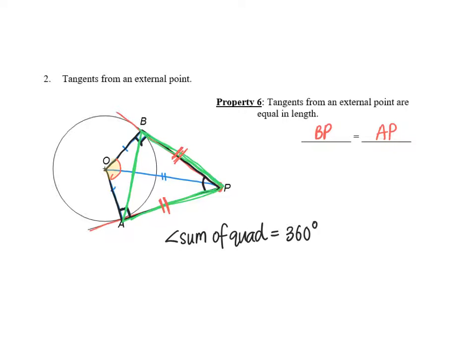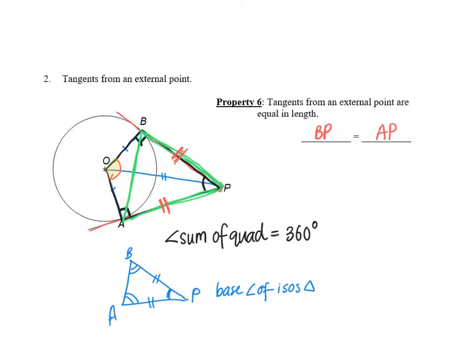So what will this triangle become? This triangle now becomes an isosceles triangle. So if I were to have the angle over here, what will I be able to find? I'll be able to find the other two angles. So that is base angles of isosceles triangles.